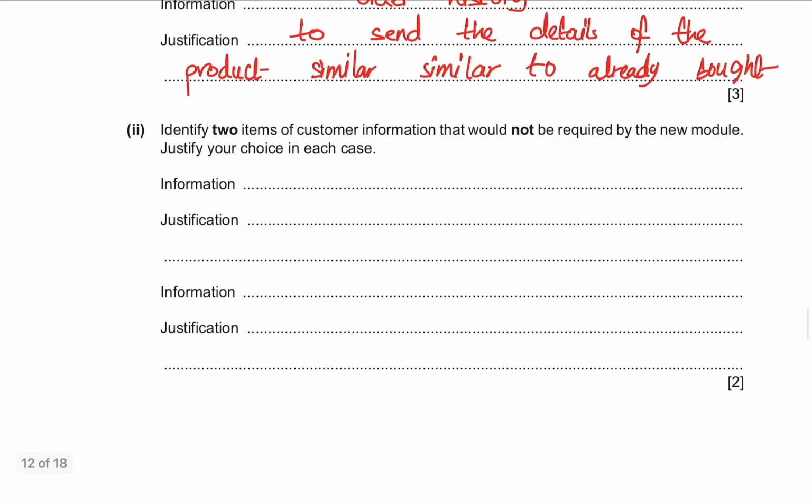Done. Identify two items of customer information that would not be required. What do you think is not required? The payment details are not required, how they are paying. Payment details, unnecessary information. Nothing being sold at this stage.